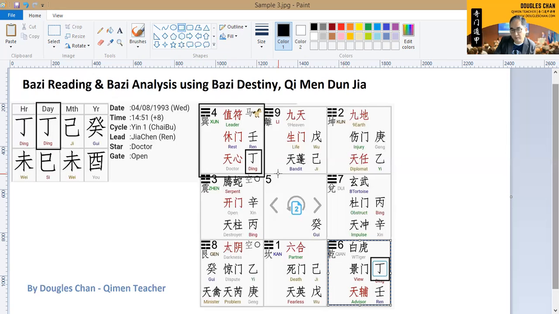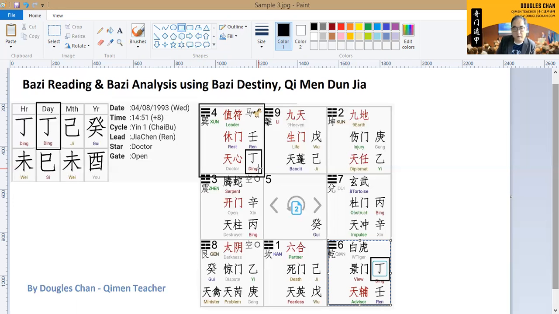Based on 4 and 6, we are able to have an overview of the main character of the person. Likely this person's character will not change. He will be using this group of characters as a prominent character in his life, whether young or old.